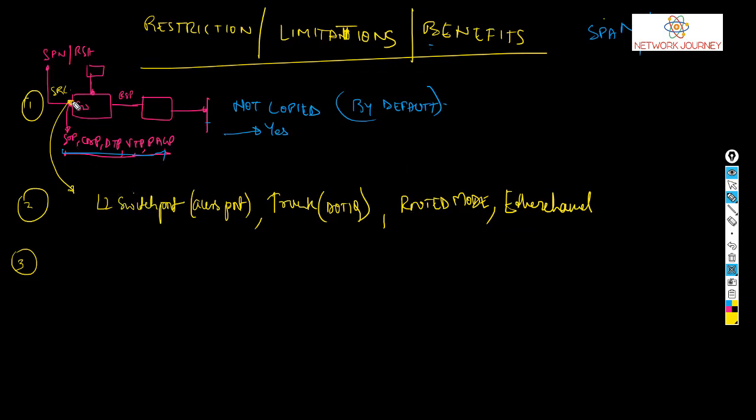Let's say on this interface, the source interface, you can use multiple interfaces. You can also use multiple VLANs.